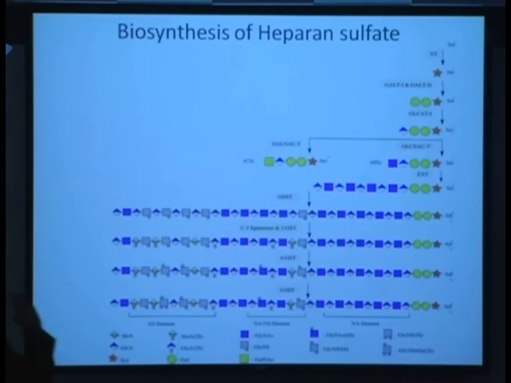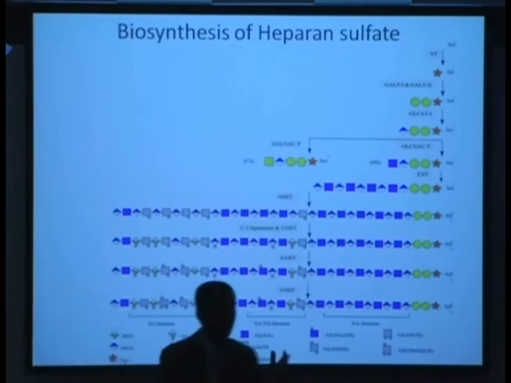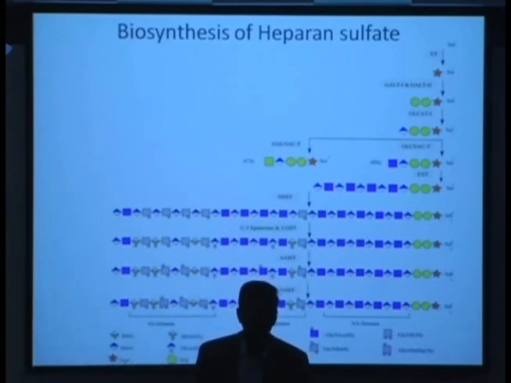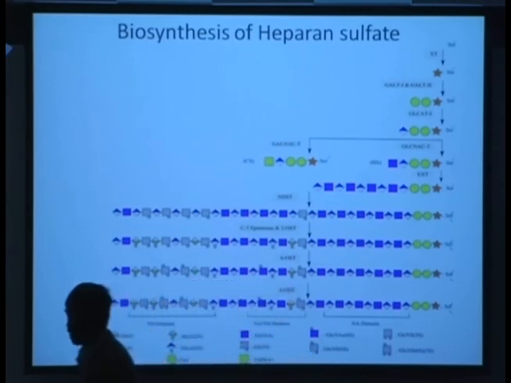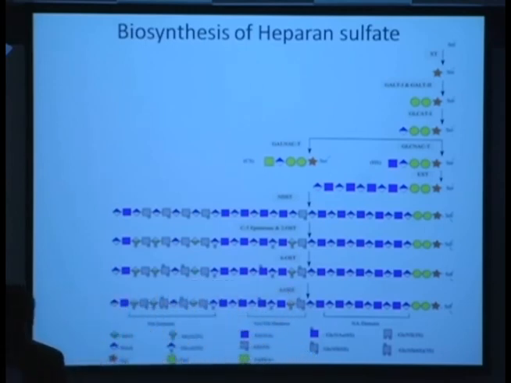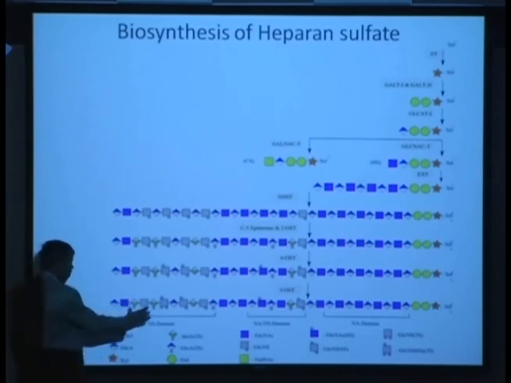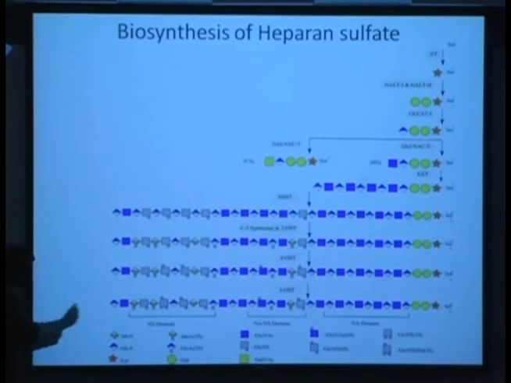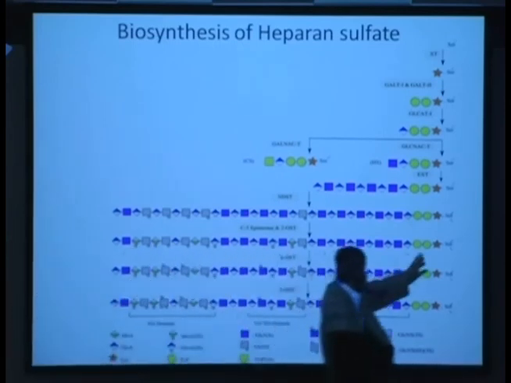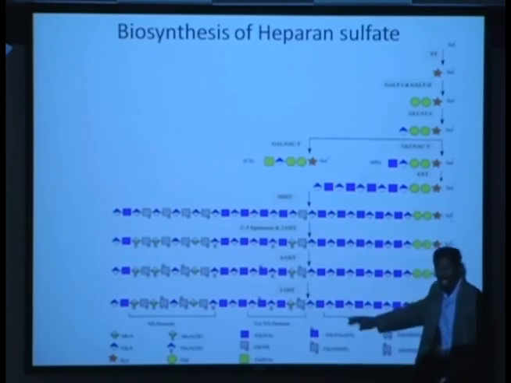You're always going to have this NA region, and there's always going to be an NS region, but there is no generalization you can draw from what is known in the literature. But predominantly what is known is that the NS region happens to occur more towards the end of the chain, whereas more towards the core protein, it seems to be more NA region.